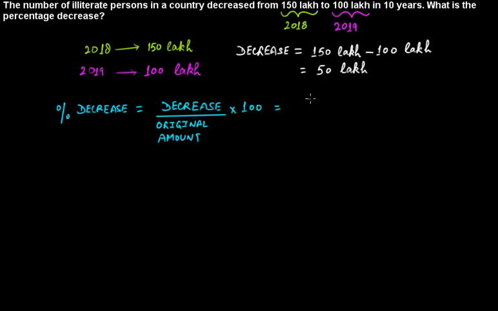The decrease is 50 lakh. And the original amount is how much? It is 150 lakh, times 100, right?